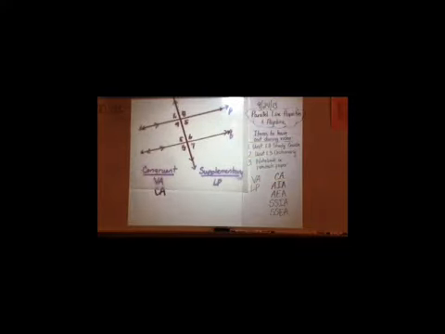If we focus on angles 3 and 5, taking our patty paper and rotating the patty paper, let's establish the relationship between angle 3 and angle 5. The rays of angle 3 and angle 5 overlap exactly again, so we can say that alternate interior angles are congruent. Please add that to your congruent list.